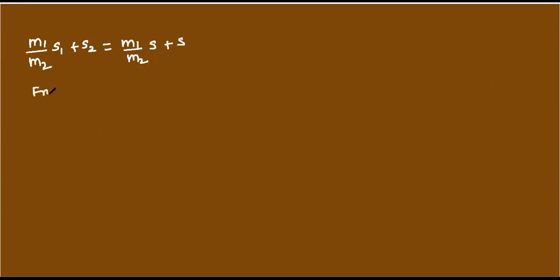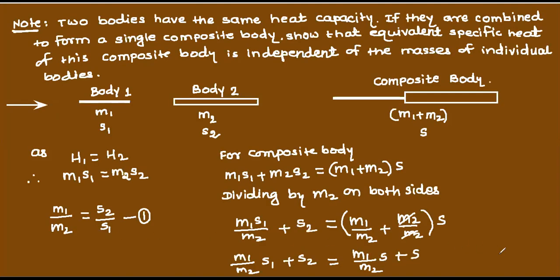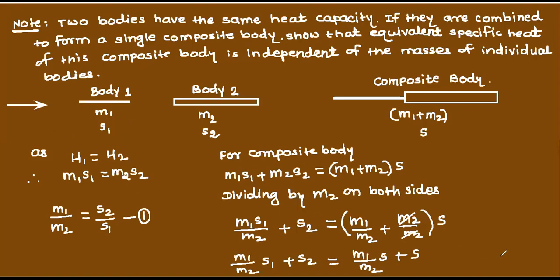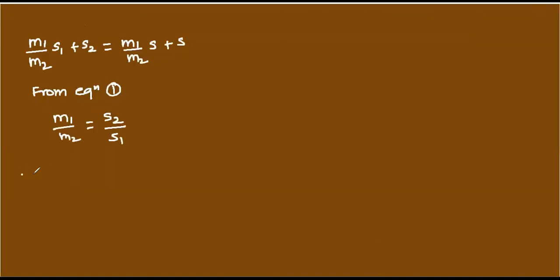From equation 1, what is equation 1? See, m1 by m2 is equal to s2 by s1. What is this? m1 by m2 is equal to s2 by s1, right? Okay, so substitute here. Therefore, s2 by s1 into s1 plus s2 is equal to s2 by s1 into s plus s.